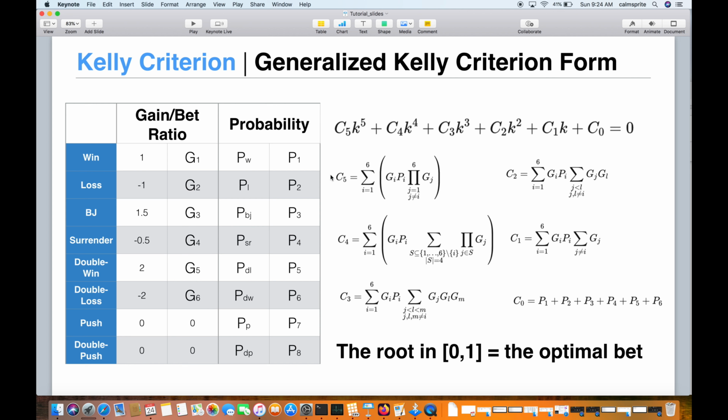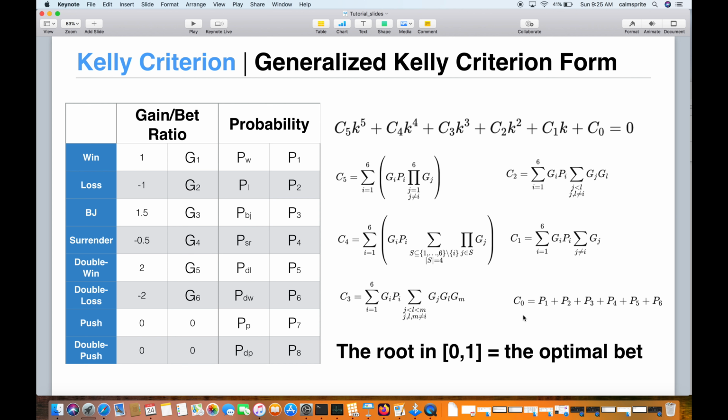Through mathematical derivation, we can show that maximizing edge times bet for a single round is equivalent to finding the roots of a 5th-order polynomial. Without loss of generality, the coefficients C5, C4, C3, C2, C1, C0 can be expressed in closed form.